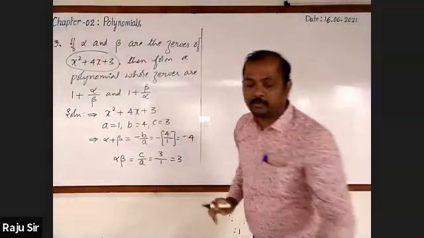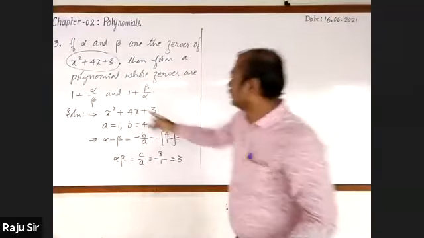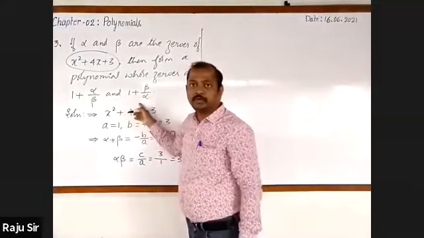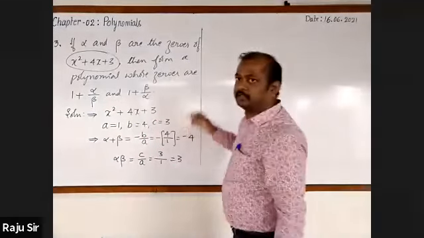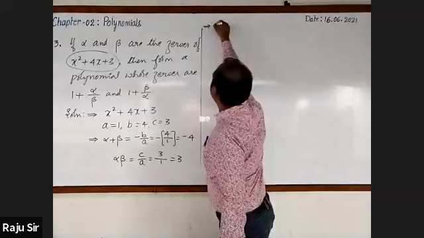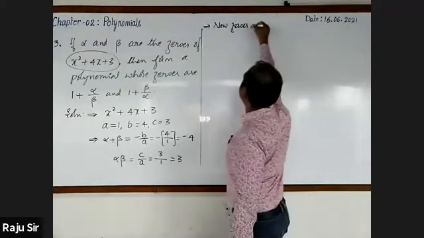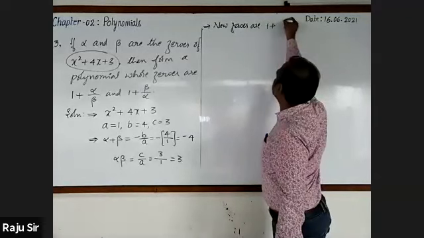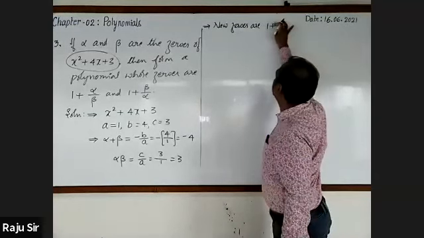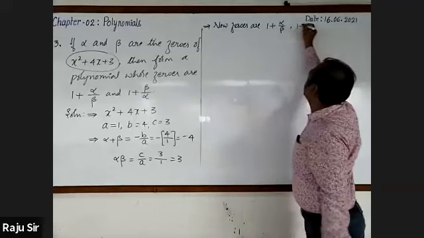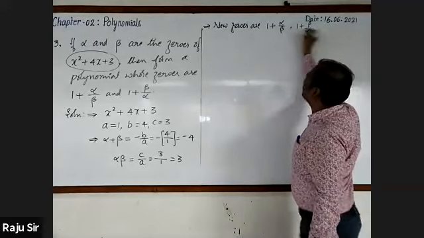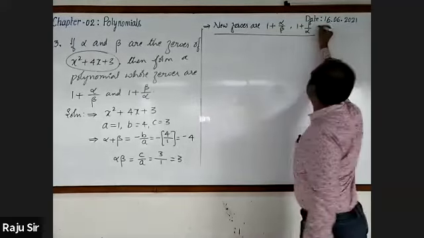You are going to form a new polynomial for the new zeros. So these two are new zeros. So let us write them. Right. New zeros are 1 plus alpha by beta, then 1 plus beta by alpha. These are the two new zeros.